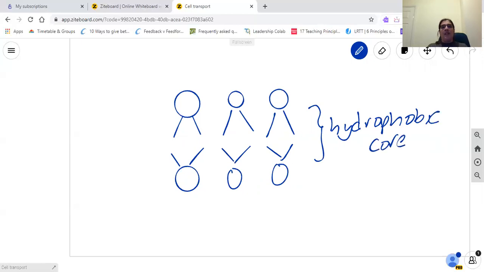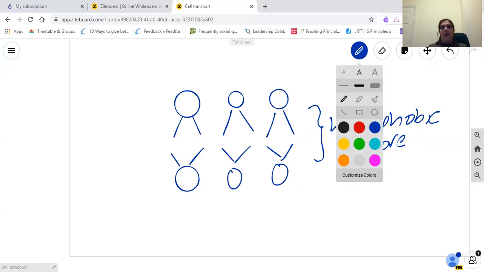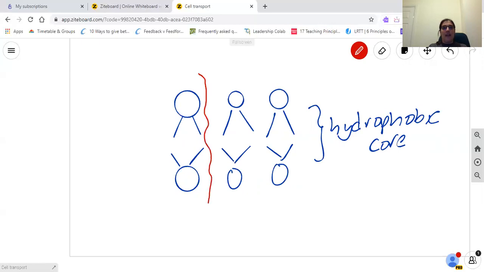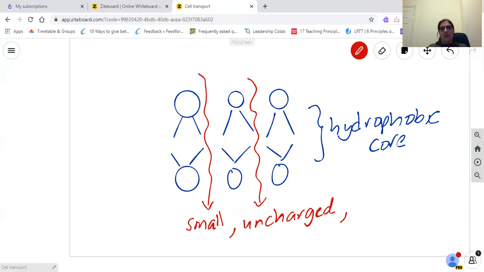It stops certain things from being able to diffuse through that phospholipid bilayer. So the only substances that are able to diffuse through between the tails, like there or like there, have got to be small, uncharged, lipid soluble, and non-polar.